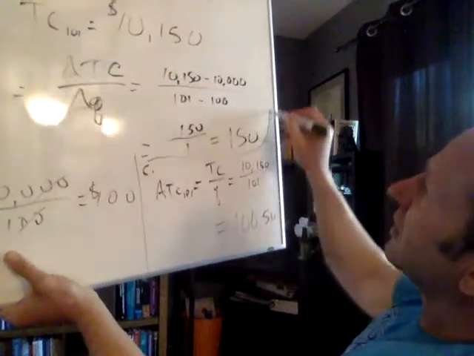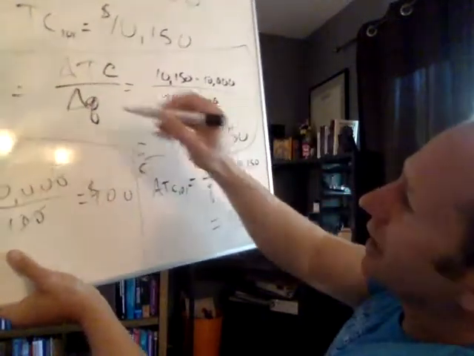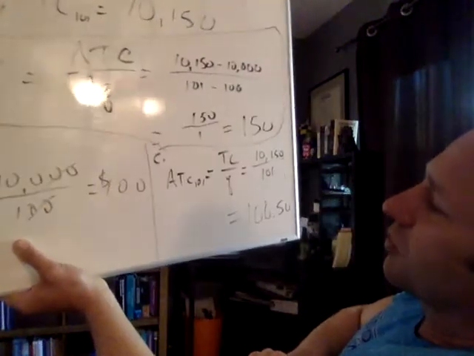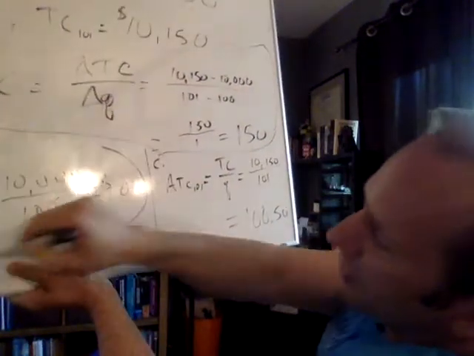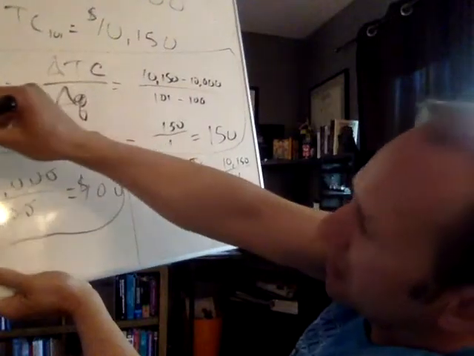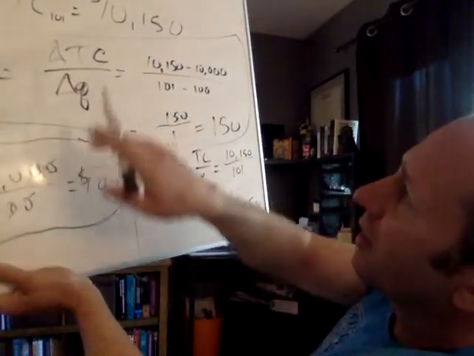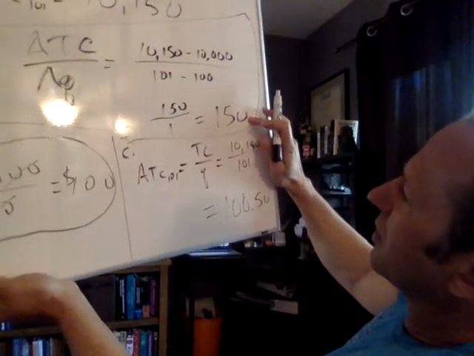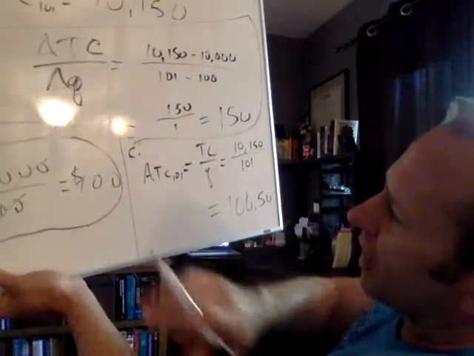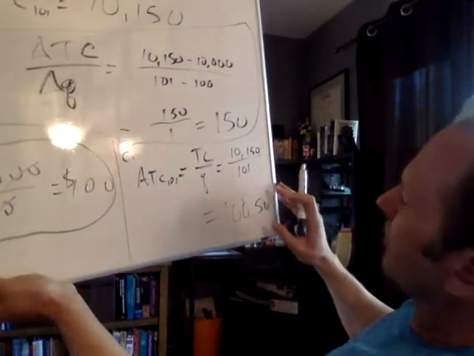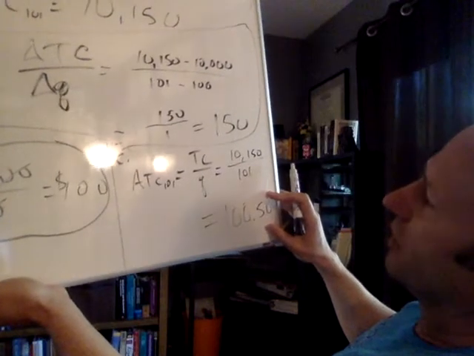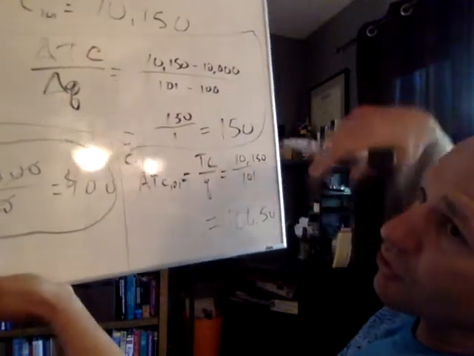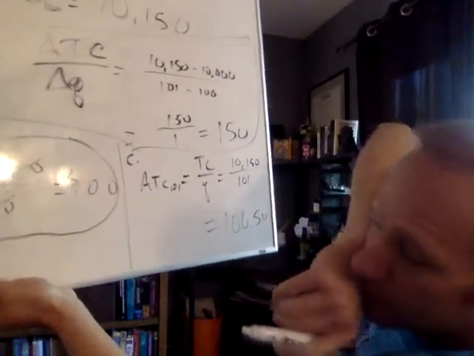This was the answer for letter A. When we moved from 100 units to 101 units, our marginal cost of that additional unit was 150, which is over our average total cost for 100, and over our average total cost for 101. So that means that the marginal cost is driving up our cost per unit, which is a little bit of a takeaway above and beyond the question.